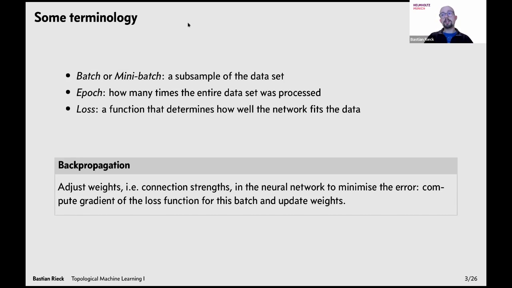And all the magic, well, I'm glossing over a lot of details here, but all the magic of deep learning lies in the fact that you can do this backpropagation in a task-specific fashion and adjust the weights of your neural network so that they fit nicely with the task. Of course, there's many things to consider here, like things like overfitting or underfitting and these sort of things, how to choose a learning rate, which means how to choose the update size, the step size, and these sort of things. We're going to ignore all of those, but I just want to give you a conceptual overview of how deep learning works in practice.